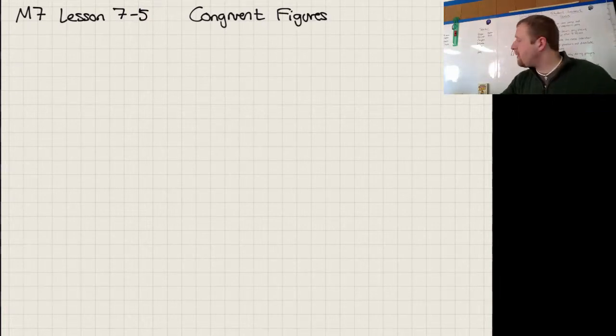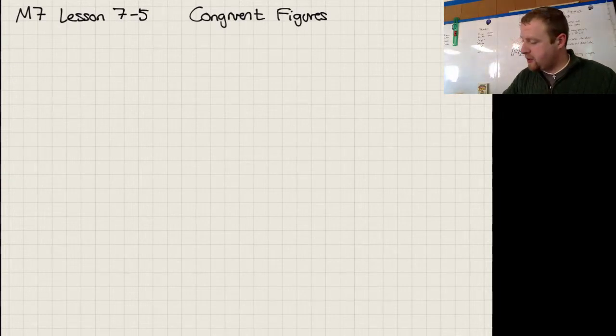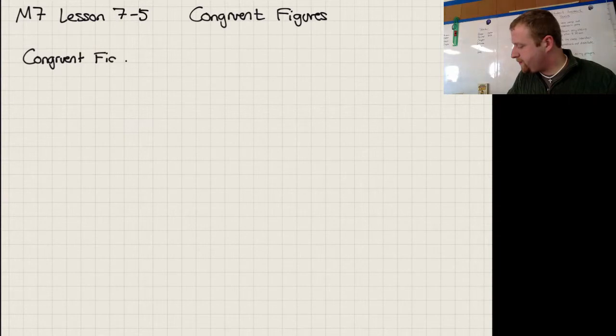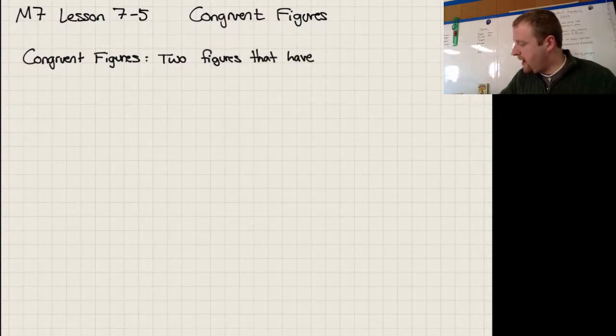All right, now, congruent figures are two figures that are exactly the same. Okay, so let's go ahead and start by defining this. Congruent figures: two figures that have all the same measurements.